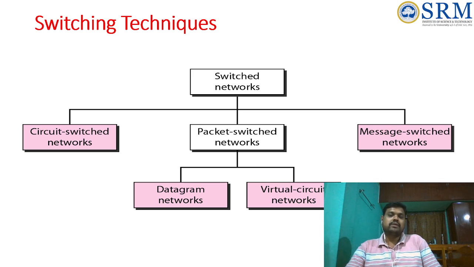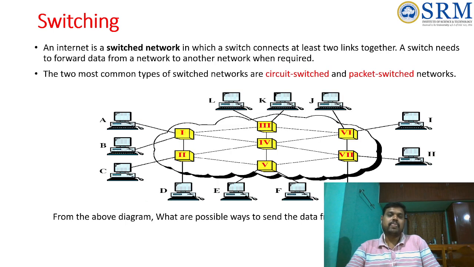So the next one is switching techniques. Switching means passing data from one end to another end, right? We have basically three types of switching: circuit switched networks, packet switched networks, and message switched networks. Switching means it establishes a connection between two devices together.